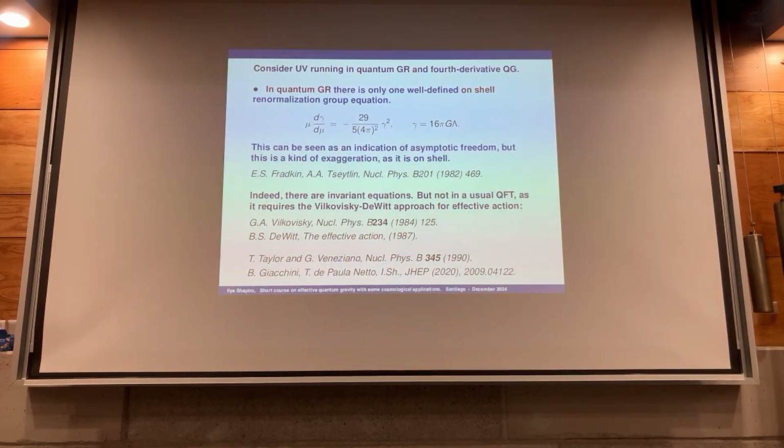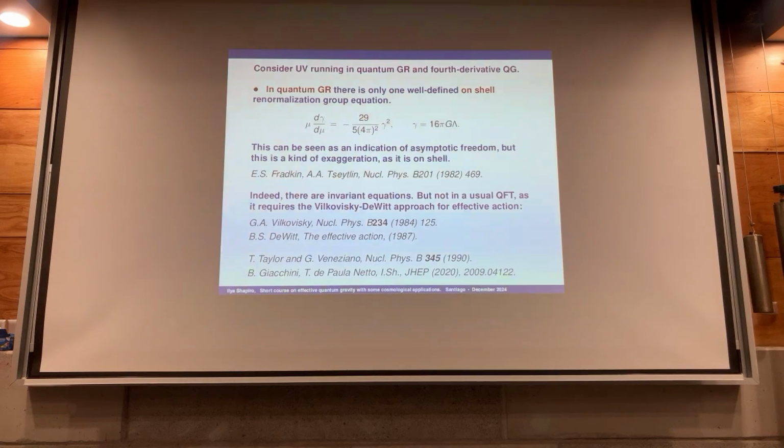There is a way out, actually, if you want equations separately for lambda and G. You need to use the so-called Vilkovisky-DeWitt effective action, which is constructed to be gauge fixing and parameterization independent. There is this scheme with the cosmological constant. There are calculations by Taylor and Veneziano, and with Breno Giacchini and Tibério, we tried to make some physics out of it.